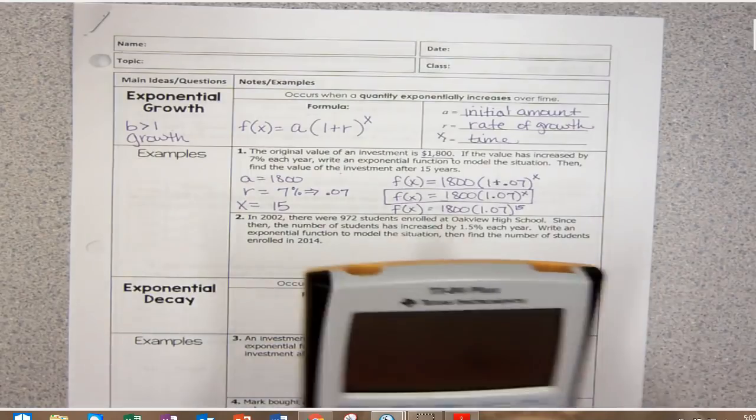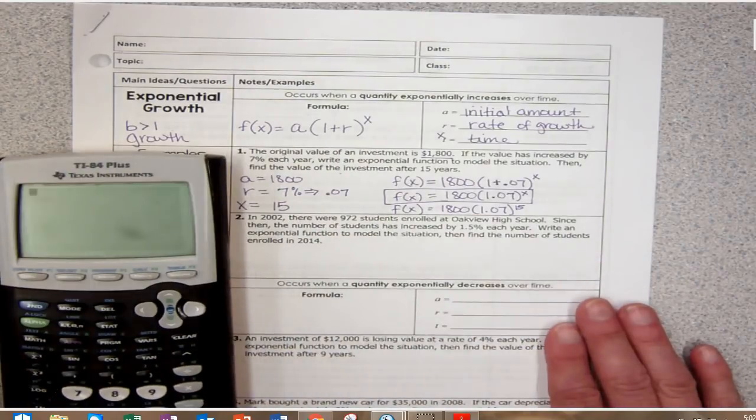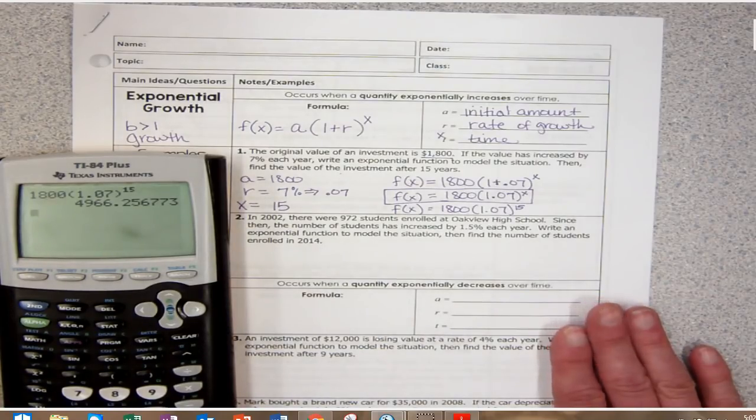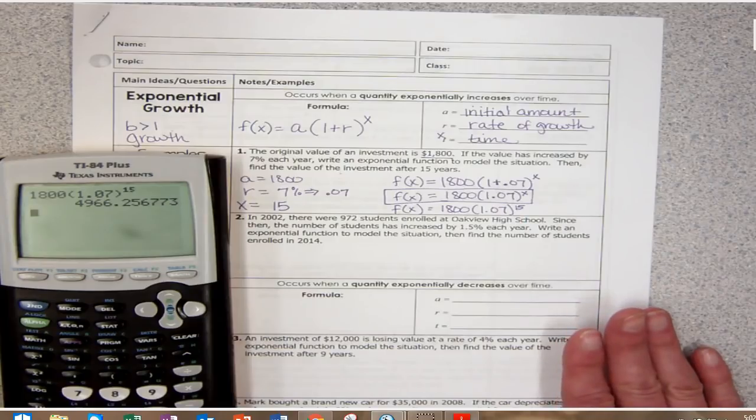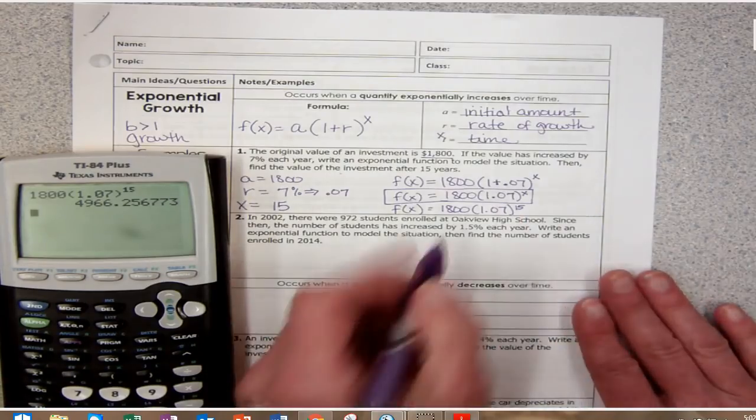Hopefully you've done it by now while you're waiting on me. You're going to do 1,800, parentheses, 1.07 in the parentheses raised to the 15th power. And you get 4966.